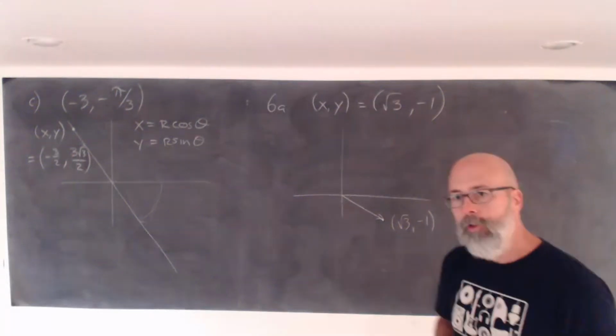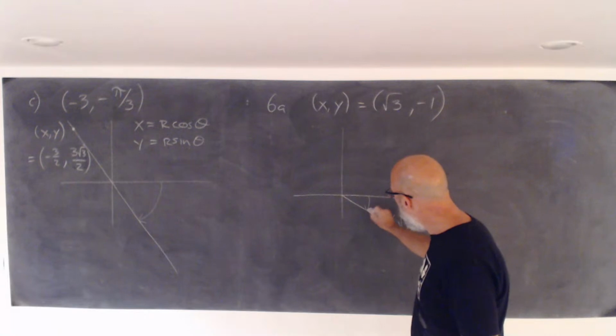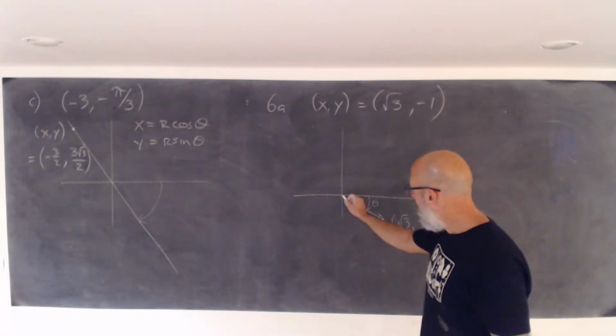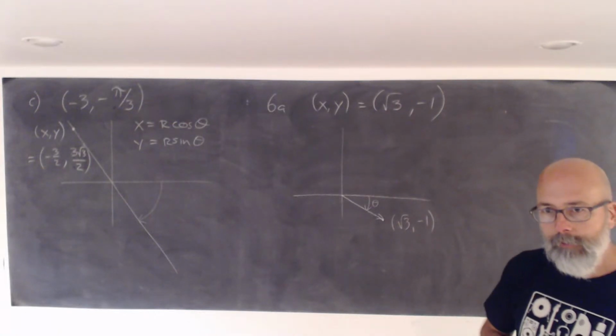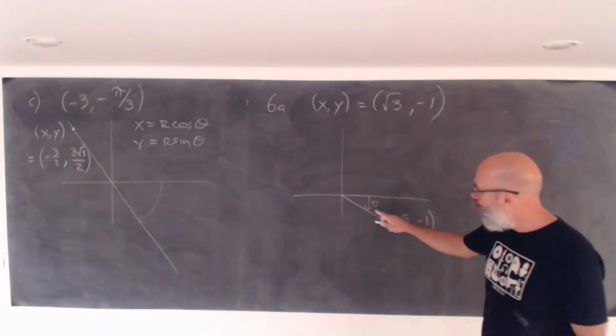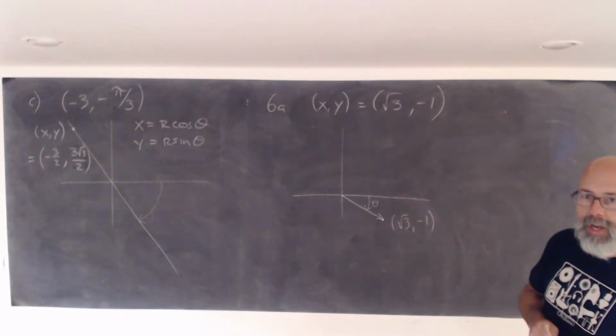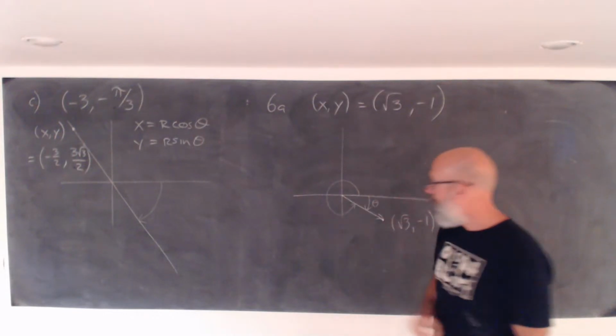If we want to convert to r and theta, all we need to do is figure out how far it is from the origin, and then what angle this ray makes with the positive x-axis. Or, of course, it could have been this angle.